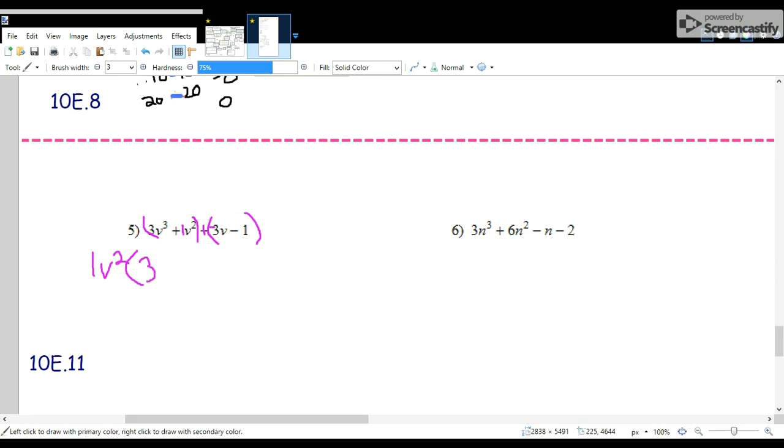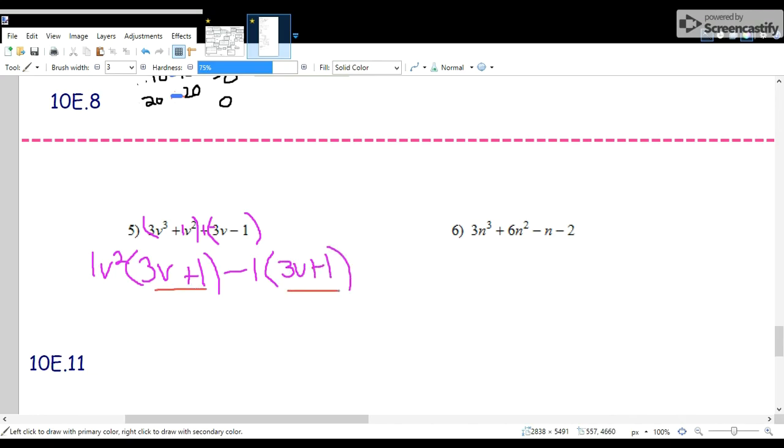What we have left over inside is 3v to the first plus 1. Now we're going to see what's the greatest common factor of 3 and 1. It's still just 1. They're both negative, so we're going to factor out a minus sign. There's only a v on one of the terms, so you can't take out a v. So you're left with 3v plus 1.